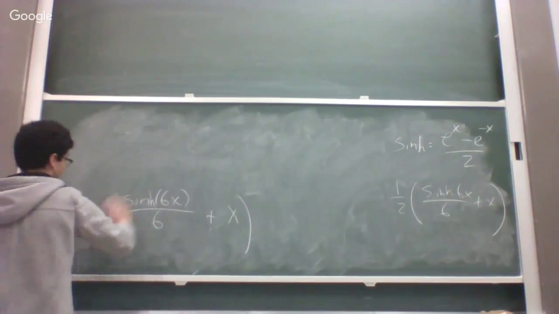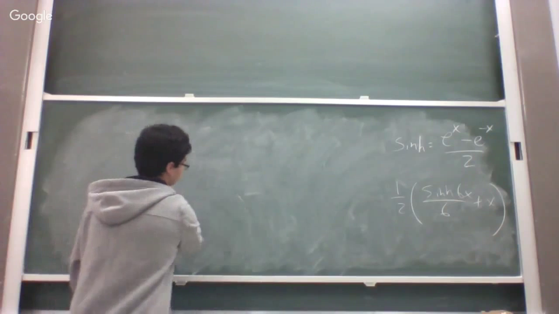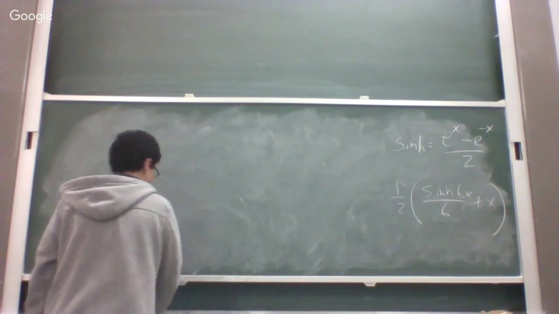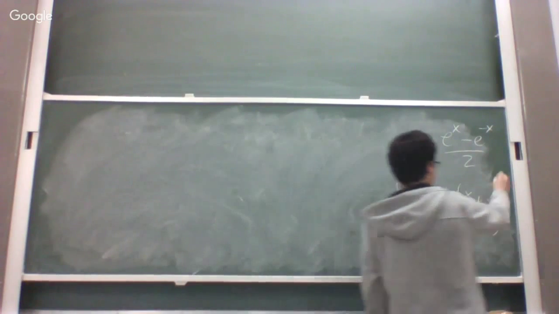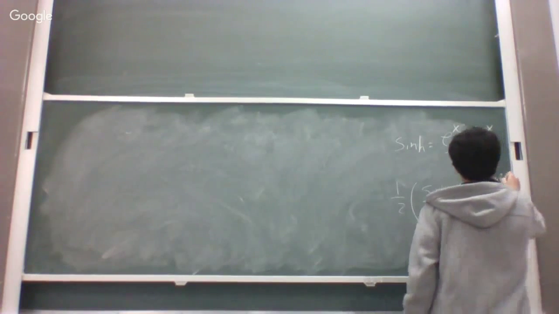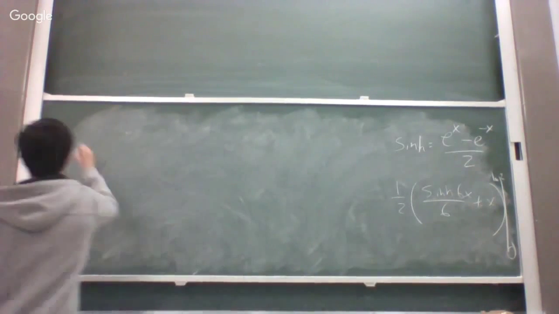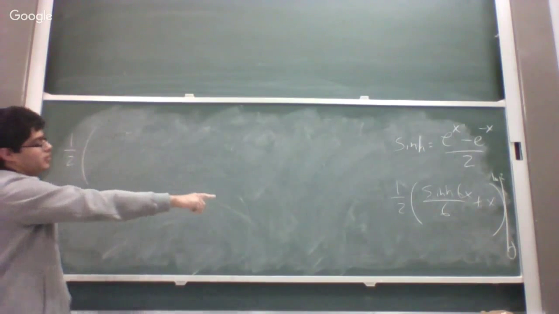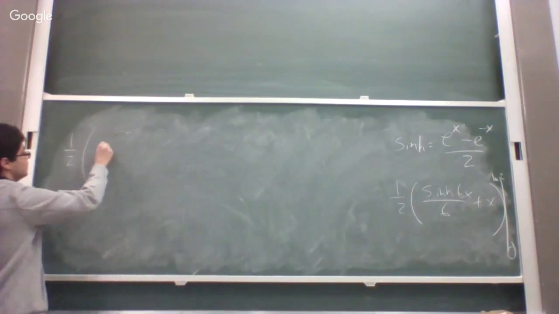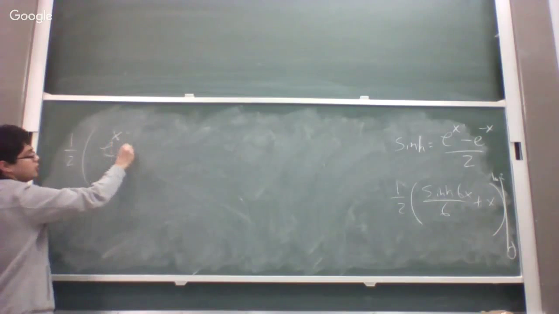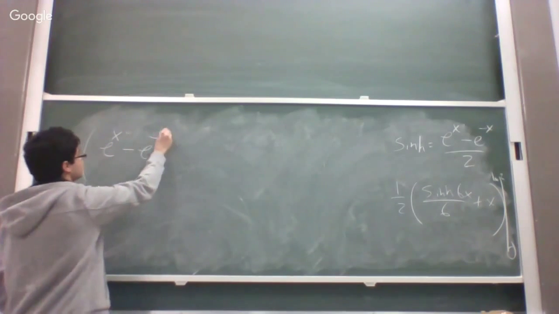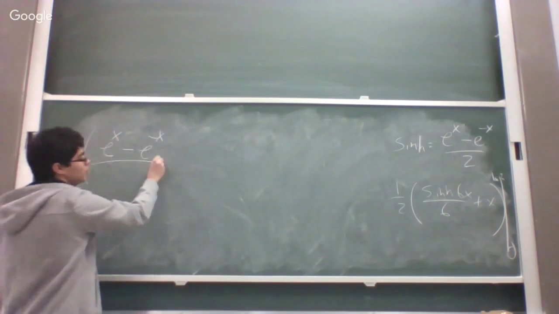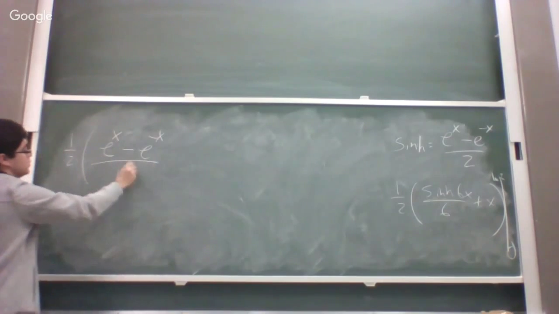We're going from 0 to the natural log of 2. So first thing we need to do is substitute it in. We still have the 1/2, and we substitute that in: e to the x minus e to the minus x, all over 12.